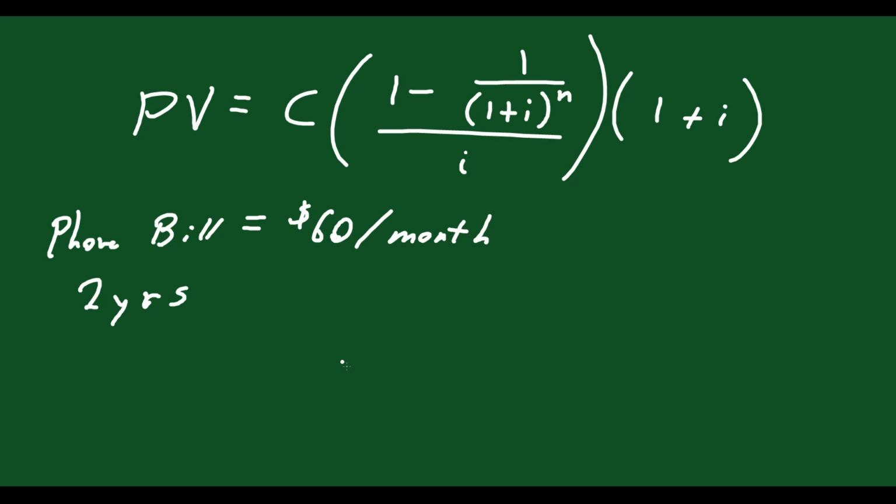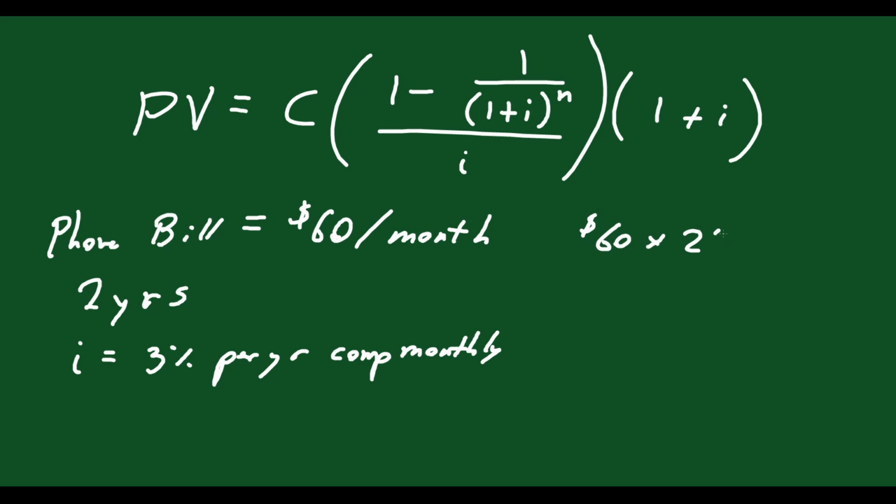The question is, how much money should you stick in that account so it can pay $60 a month for 2 years, right? And we'll say that that account has an interest rate of 3% per year, and it's compounded monthly. So how much money do we have to stick in this account, right? If you're thinking $60 a month for 2 years, that's $60 times 24 months, right?